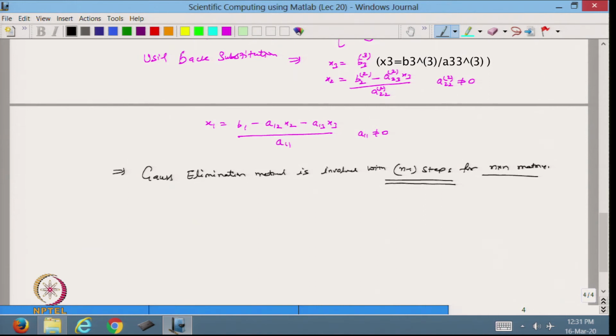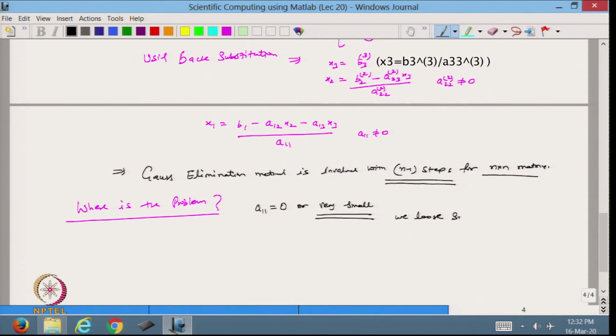Now, the problem comes here. Where is the problem? The problem is, what will happen if a11 is 0 or very small? If it is 0 then we cannot proceed, or if it is very small then we already know that we lose significant digits.